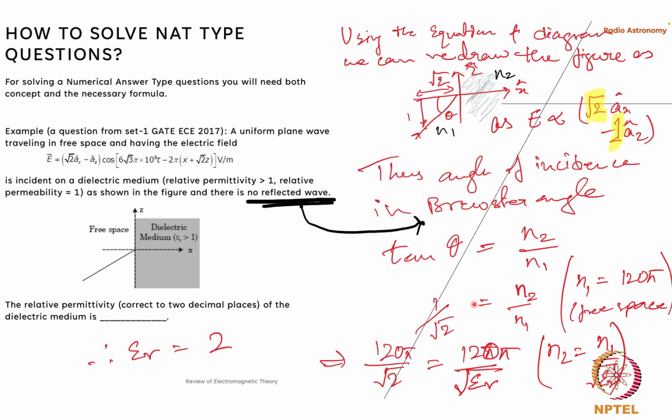If you solve, you will get a dielectric constant of 2. So here you will get 1 by root 2, and n1 equals 120 pi. So you will get ER equal to this value.